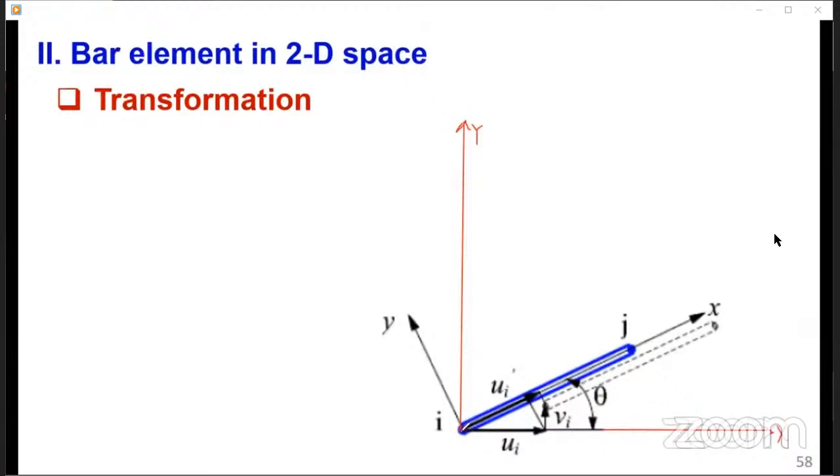Let's consider the two nodes: node I and node J. Now at node I, for the same element, you see it has its own elemental coordinate system, small x, this one, and small y, because the coordinates have to be at a right angle. So we are kind of moving this to get the vertical component and the horizontal component.